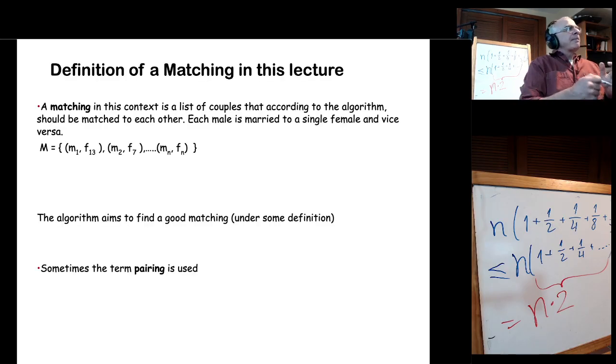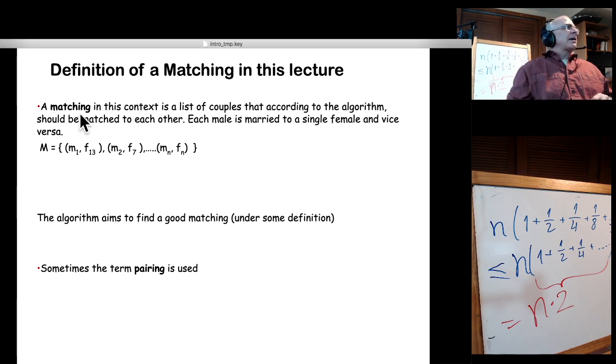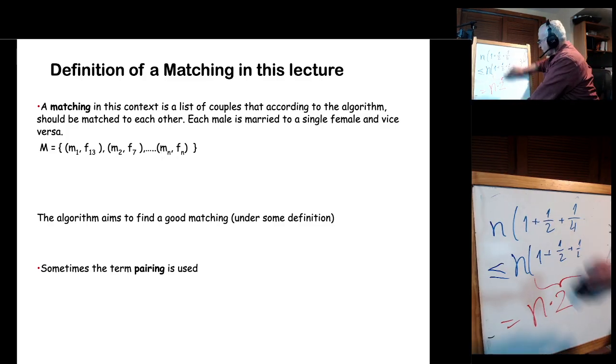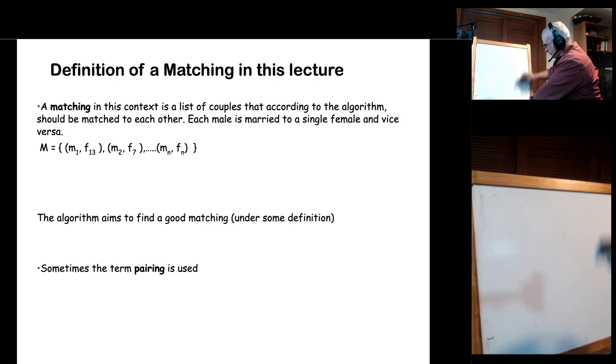Just to define a matching formally: when I'm discussing a matching, I mean a list of n pairs. Each pair consists of one male, say male 1, and one female, female 13, and no male appears in two such pairings, and no female appears in two such pairings. Usually, and this is not the only case in this course, we are talking about bipartite graphs.